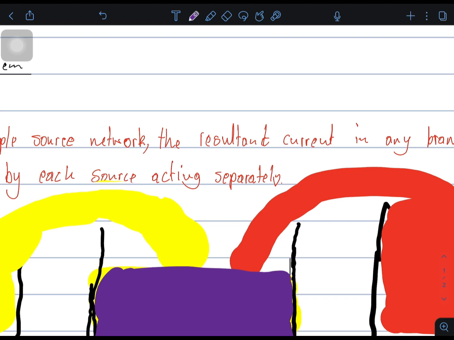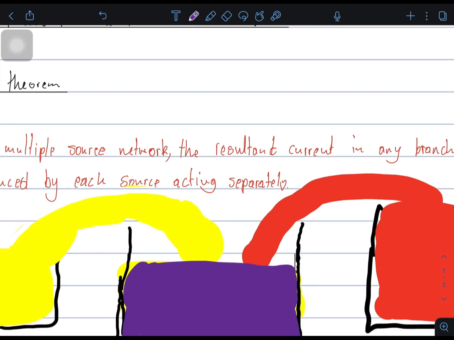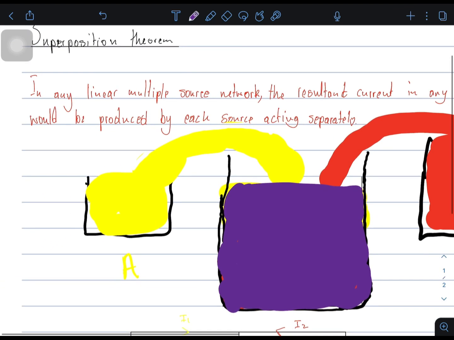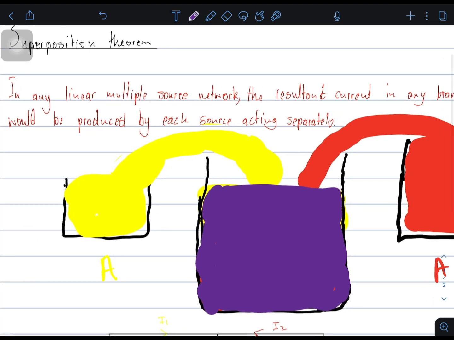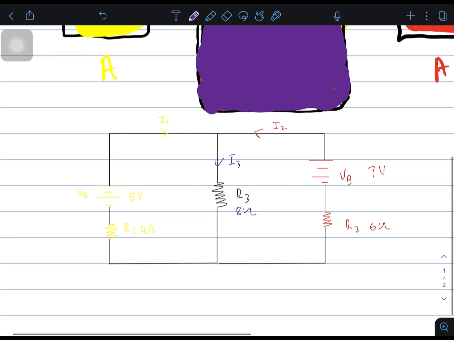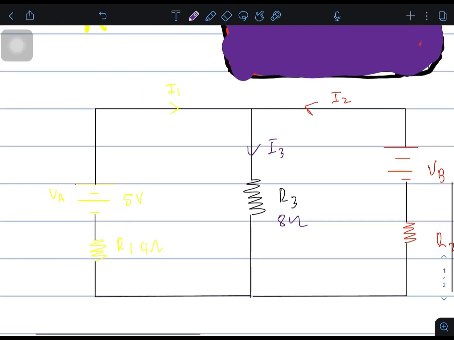So it means that when we are applying this theorem, we have to have at least two sources or more. Let me interpret what is being said in this theorem. Let's say here is our network.